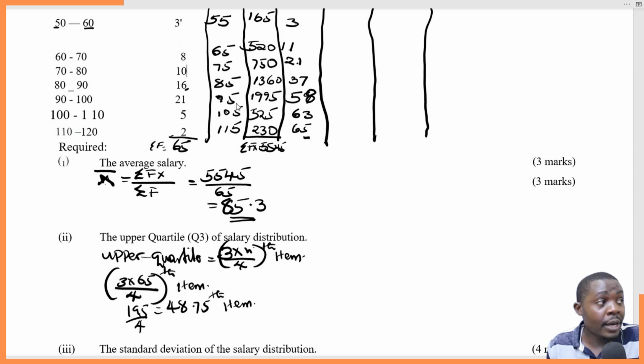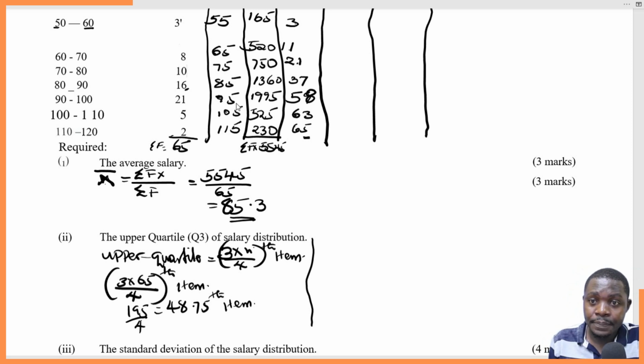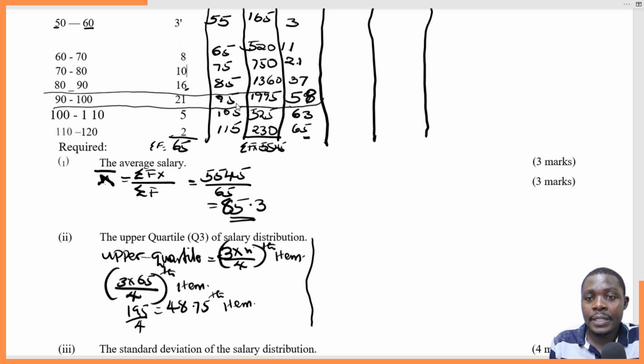Item. Now we are going to ask ourselves, where does 48.75 fall? If I look keenly, this 48 falls under this particular column. That is the column for consideration. Also, let me highlight in this manner. That is the column that I'm going to consider.